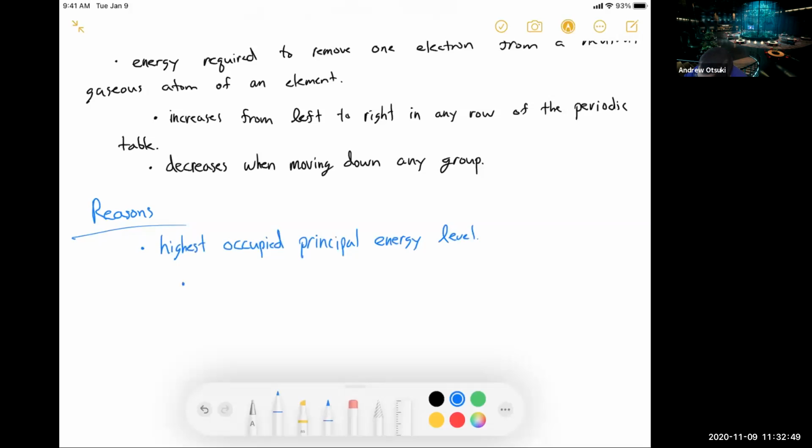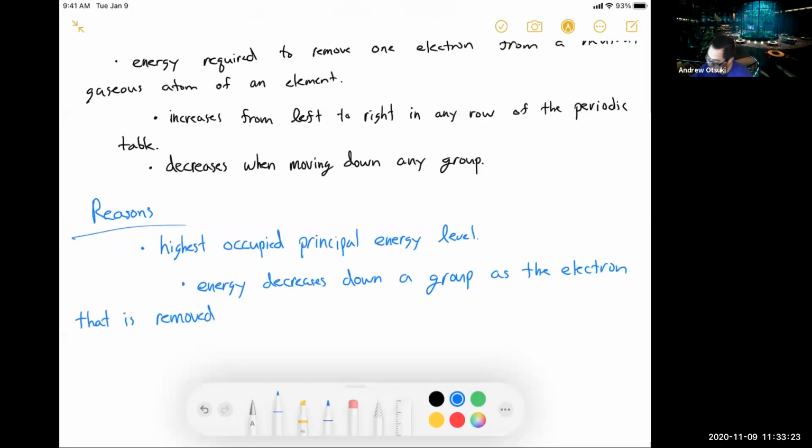So energy decreases down a group as the electron that is removed is further, or farther, away from the nucleus.